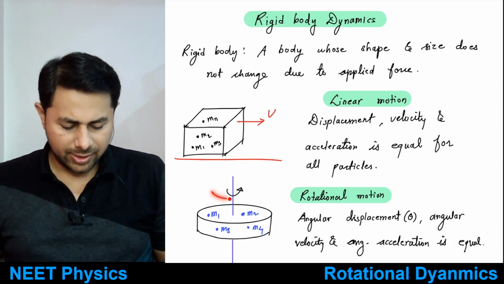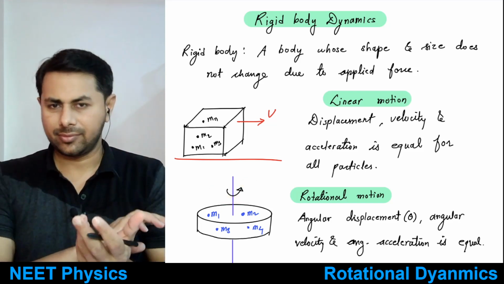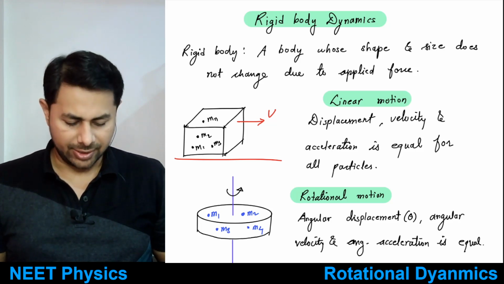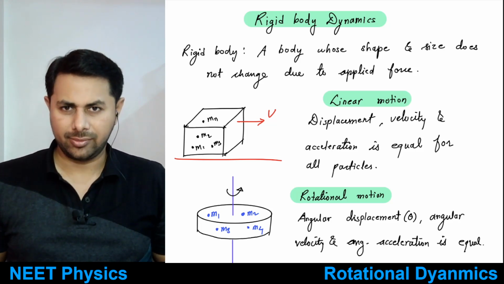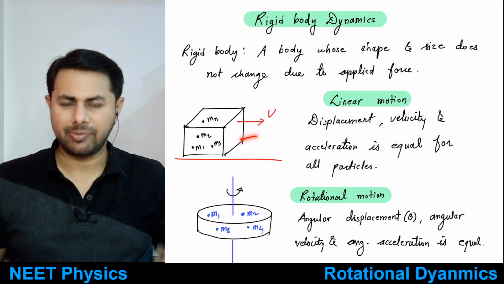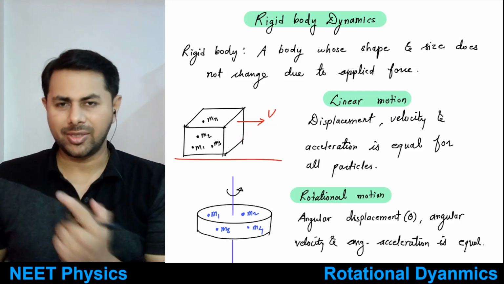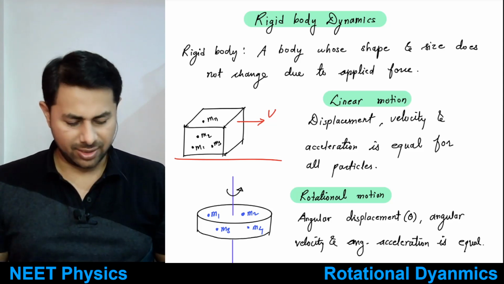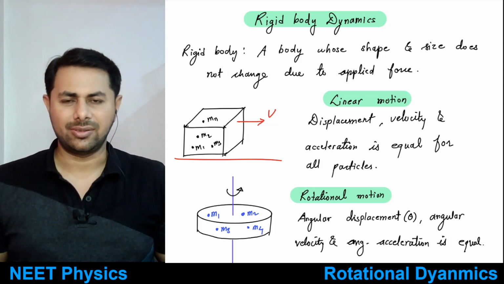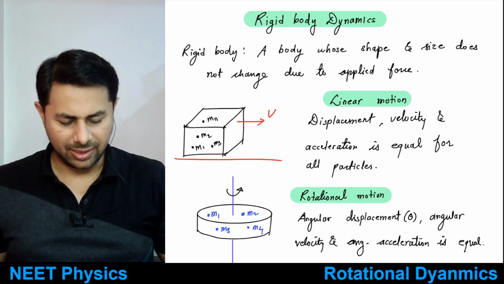Then if the body is rotating, similar to this case, all particles within the body must have the same angular velocity. All particles must move with the same angle theta in the same time t, right?